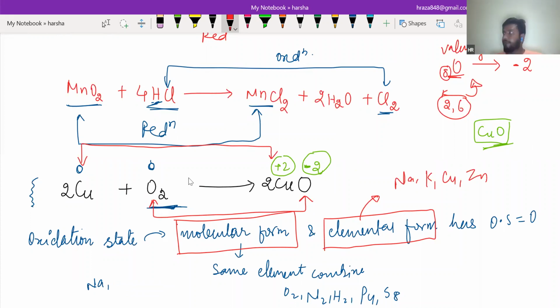So I also defined oxidation and reduction in terms of electrons. There is loss of electrons, that means this is oxidation, that means copper is oxidized, and there is gain of electrons, 0 to -2, that means this is reduction.